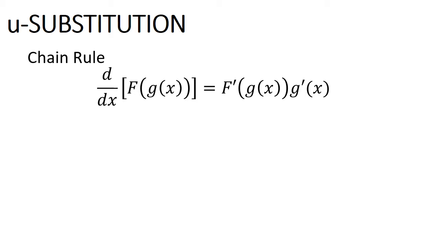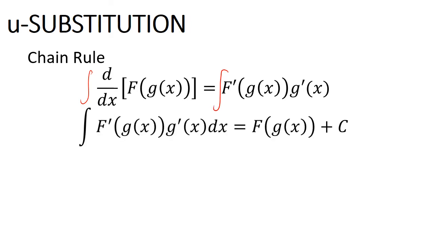Okay. Kung i-rewrite natin to sa integral form, that is, if we integrate both sides of the chain rule equation, we will have this equation. So basically, integral or integration and differentiation will cancel out. So this F of g of x expression would lilipat siya sa kabila.